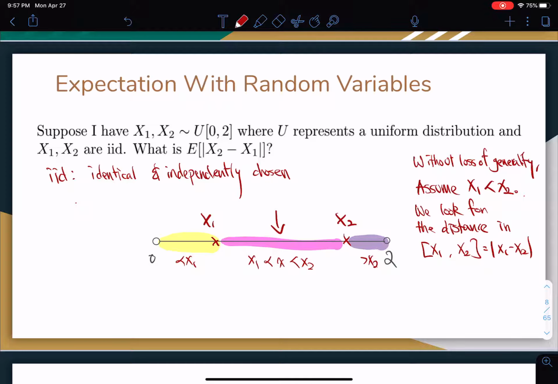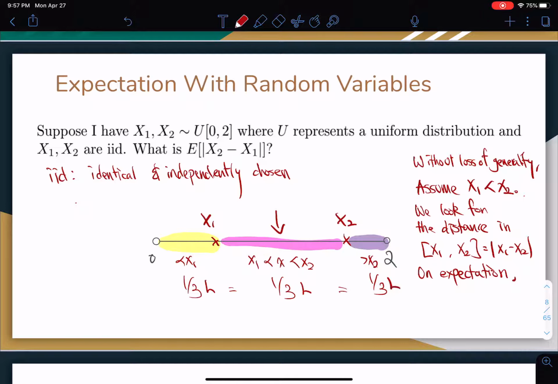And notice that x1 and x2 are chosen identically and IID, and they're uniform throughout 0 and 2. So this is just expectation. It can be chosen anywhere, but on expectation, what we notice is that these 3 sections are going to be equal. So this is going to be 1/3, this is going to be 1/3, and this part is going to be 1/3 of the entire length.